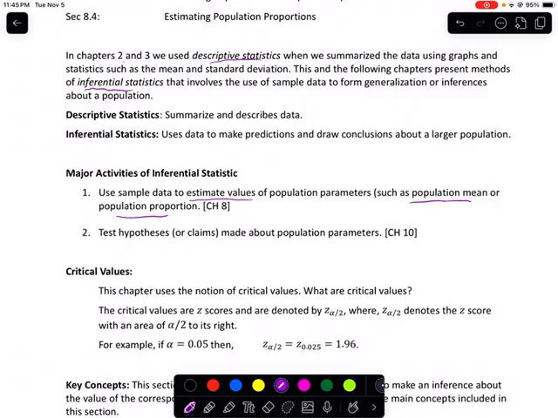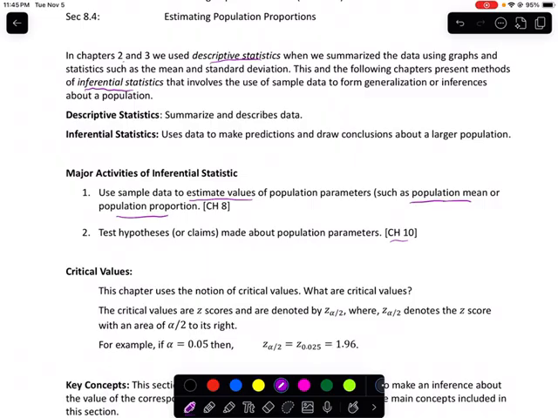The second activity of inferential statistics is that it tests hypotheses or claims made about population parameters. But that is something we will do in chapter 10.